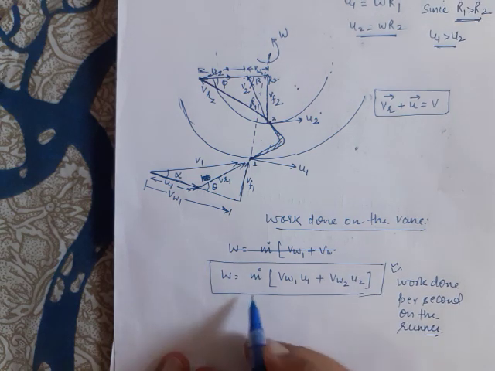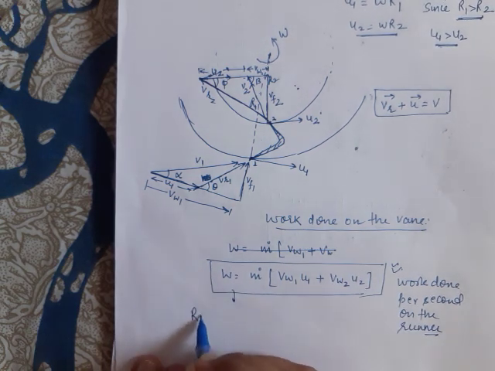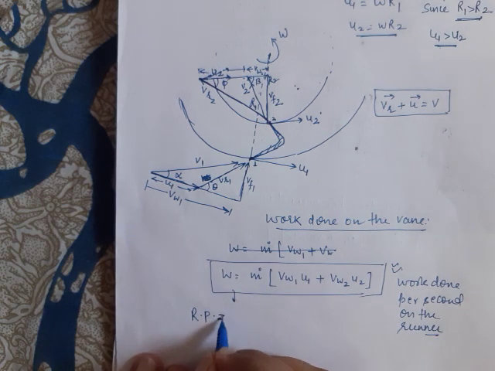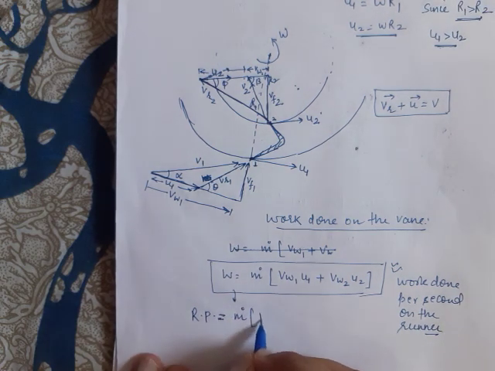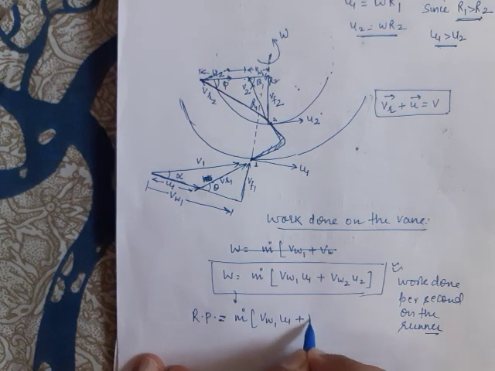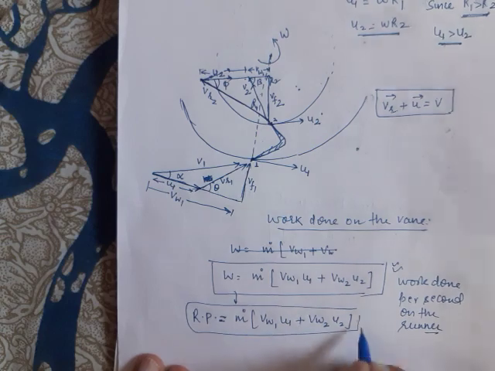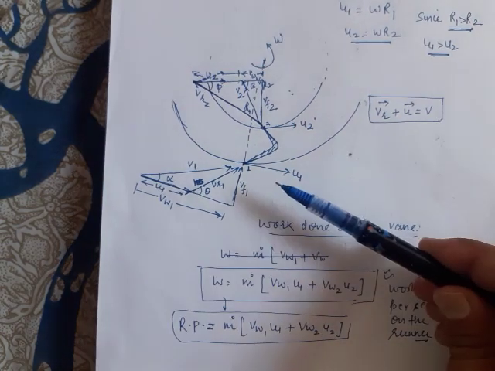This is also known as the runner power. Whatever work is done on the moving vane is known as runner power. This is the expression for the runner power in a reaction turbine.